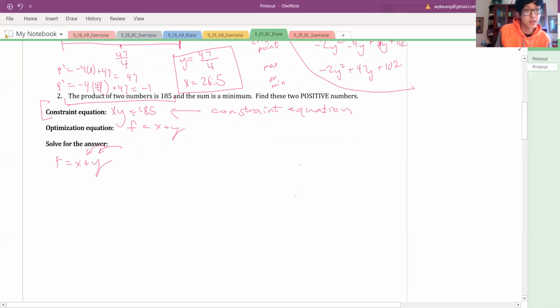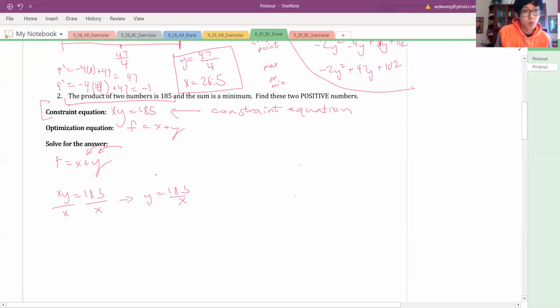So we can substitute in one of the variables using our constraint equation, because we know that y is equal to 185 over x. I just divided by x over here. So I'll write out all those steps. xy is equal to 185, divide both sides by x, so y is equal to 185 over x.